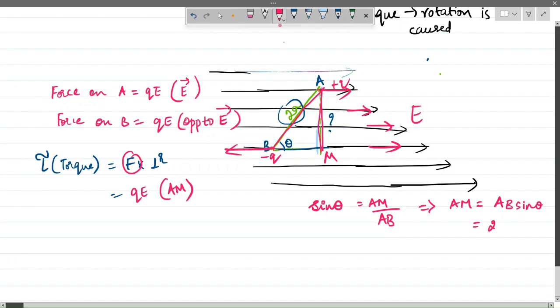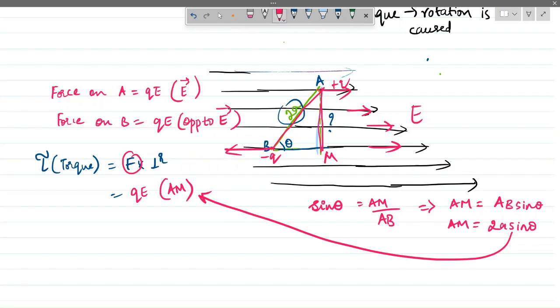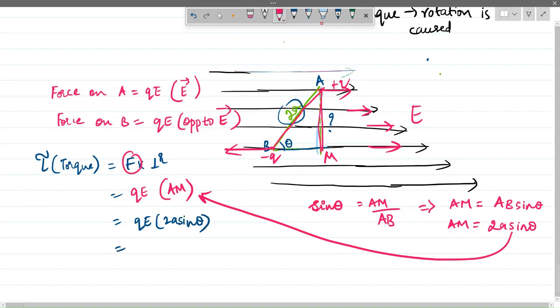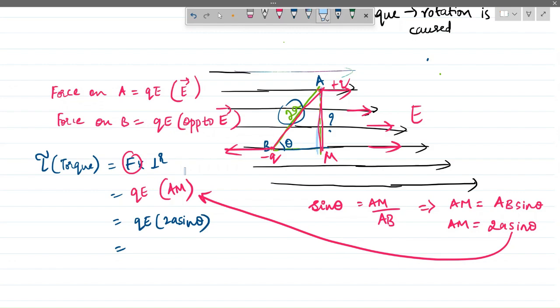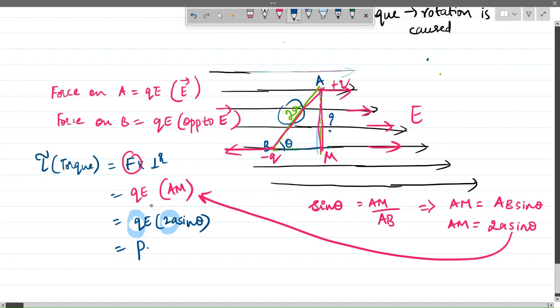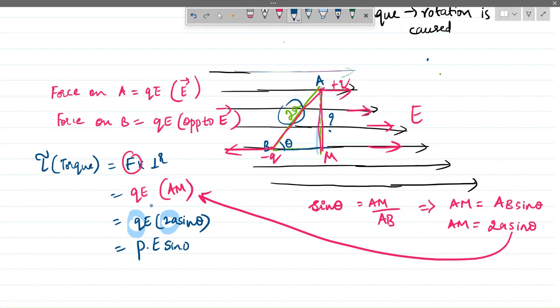AB is 2a. Now put this value here. This becomes QE into 2a sin theta. We know that dipole moment is equal to the product of charge and the distance between them. So q into 2a becomes dipole moment p, so tau is p into E sin theta.